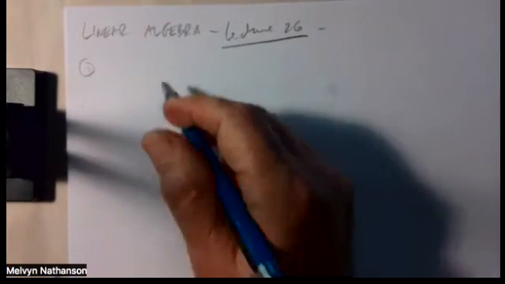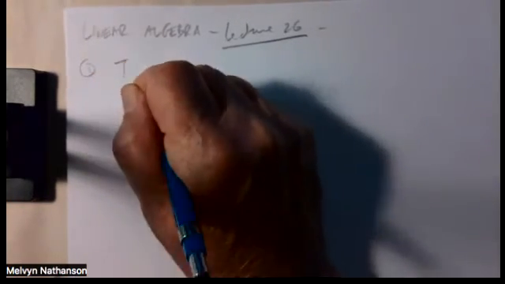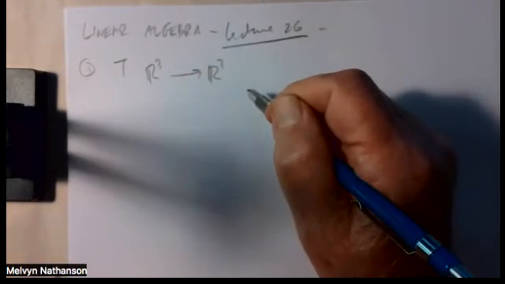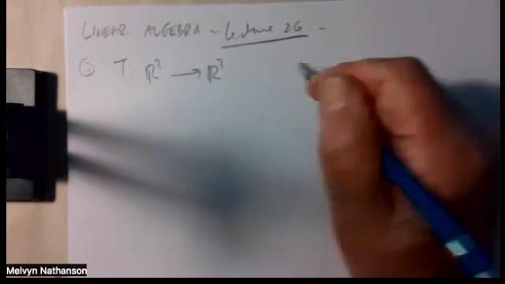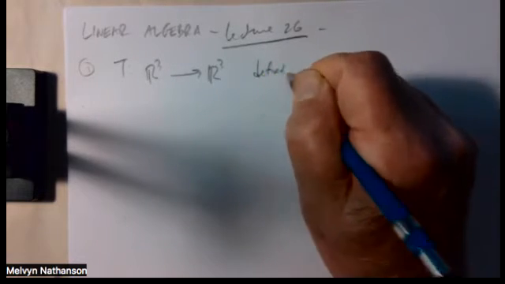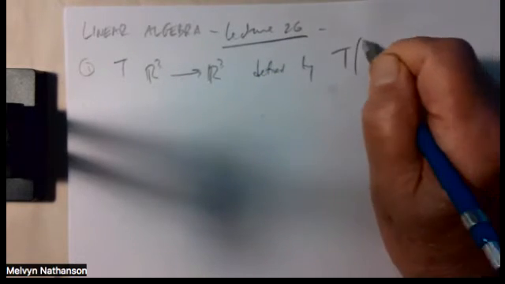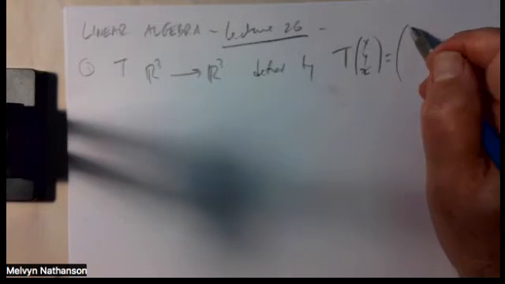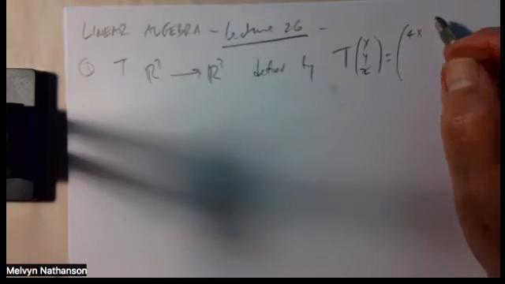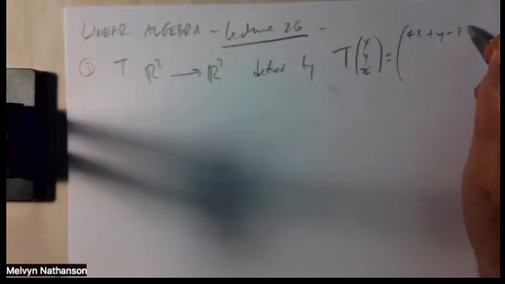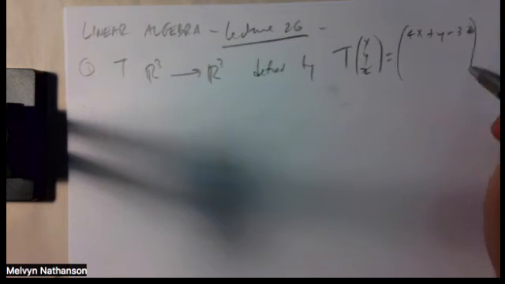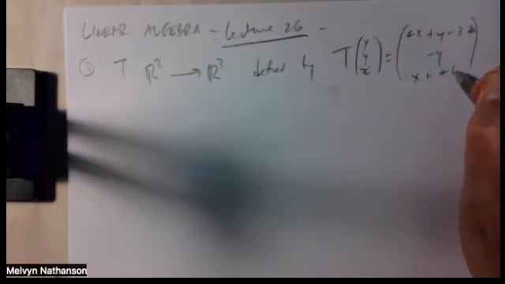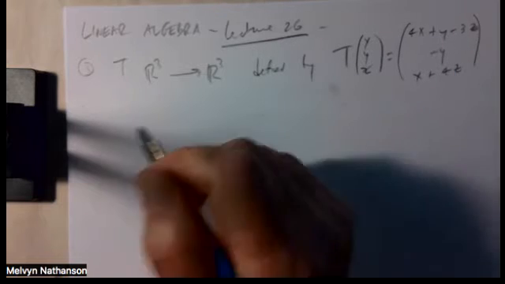So question 1, we have a linear operator T from our ordinary Euclidean space R3 to itself, defined by T of the vector x, y, z is the vector 4x plus y minus 3z, minus y, x plus 4z.